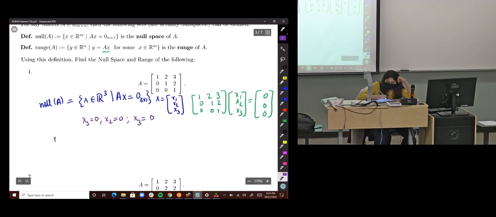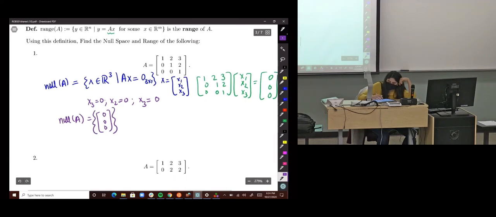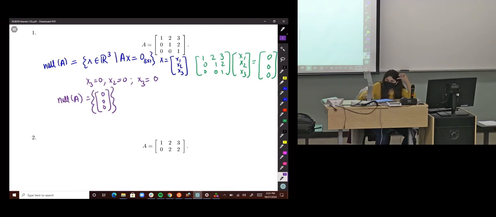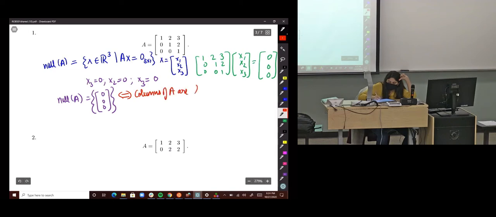And so the null space of A becomes just the 0 vector. Which basically says that when this is true, it also means that the columns of A are linearly independent.